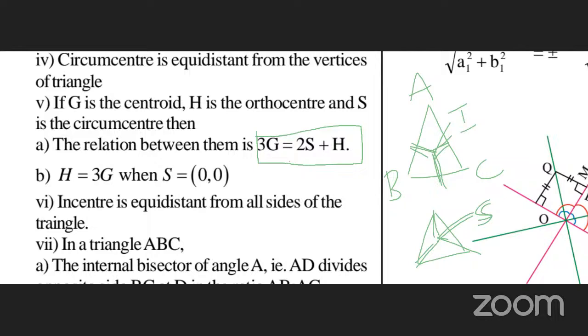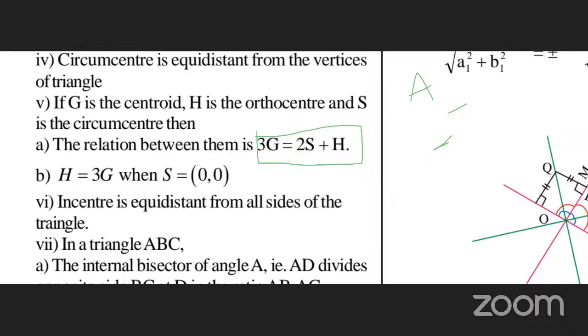That means if I take a line joining the centroid, orthocenter, and the circumcenter, the centroid divides the line in the ratio 2:1.